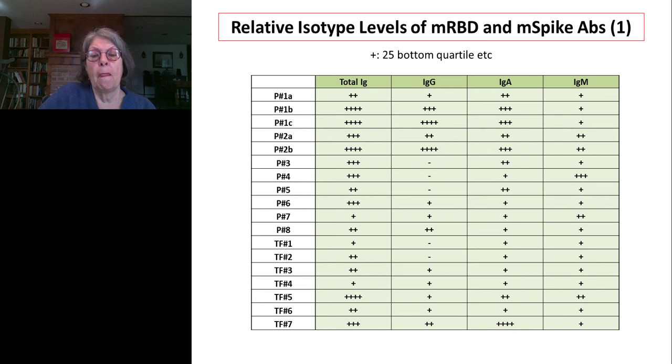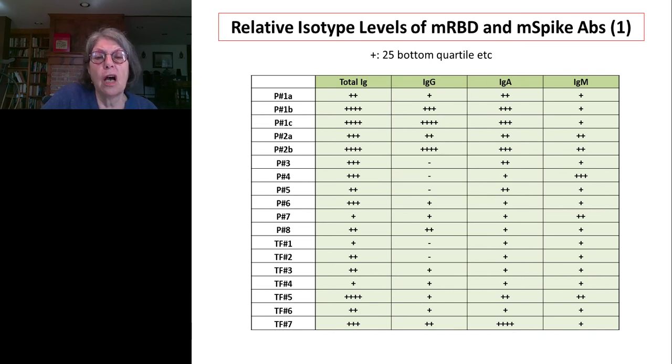If you look overall at this table, what you see is what I showed you before, that the strongest positives are in the IgA and IgM classes, whereas many fewer of the individuals have strong IgG responses.